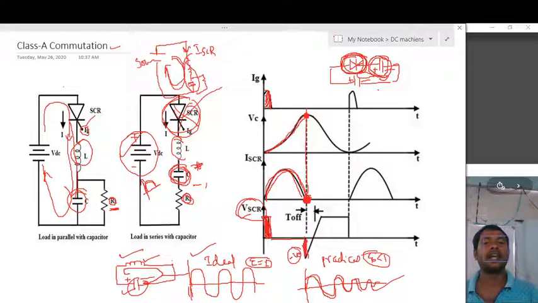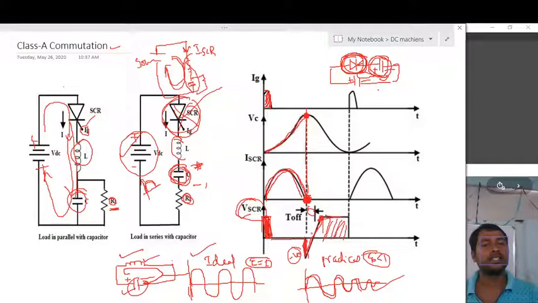This is the turn off time, and after the turn off time, the charge across the SCR will be eliminated, and positive voltage is applied across the SCR, the same voltage that appeared at the time of triggering appears across the SCR after turning off.